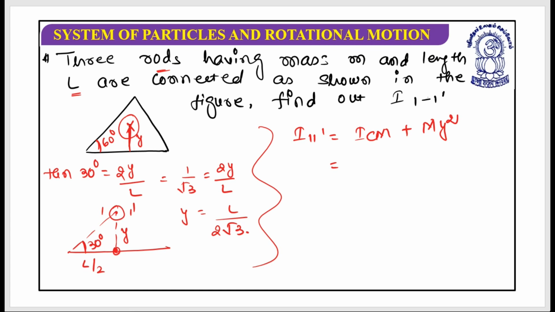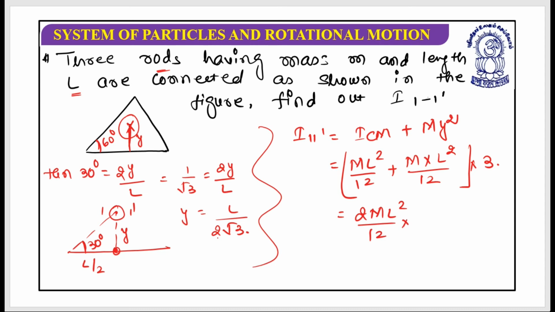So this could be written as I center of mass, which is ml square by 12, plus m into y square, which is L square divided by 4 times 3, that is 12. And for totality, multiply by 3, because this was talking about one of the rods only. So it is 2 ml square by 12 multiplied by 3, which is 3 fourths, and this is ml square by 2. This is I 1 1 dash.